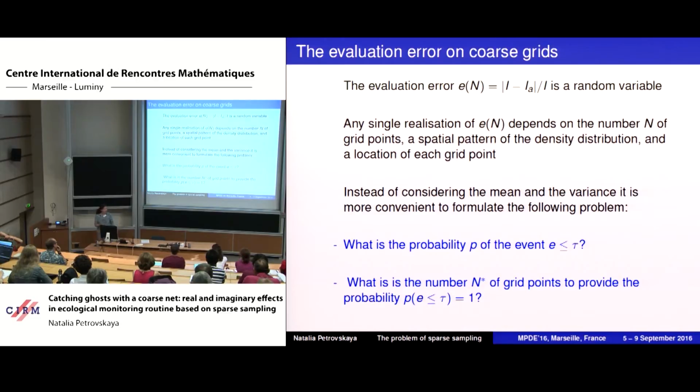Now, if we are allowed to add some points to increase the number of points of our grid, again, sooner or later we will be accurate. That question can be reformulated: what is the threshold number of grid points to make the probability of this event, that our error is less than the specified tolerance, equal to 1?